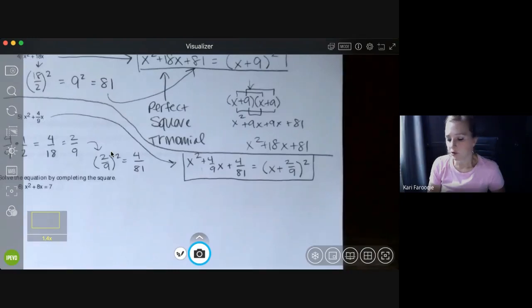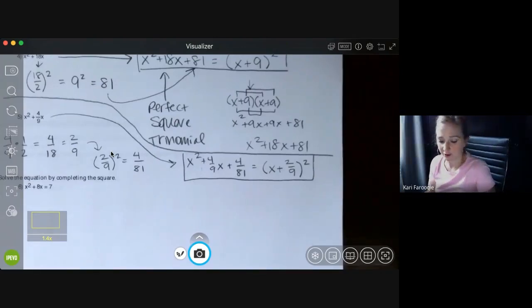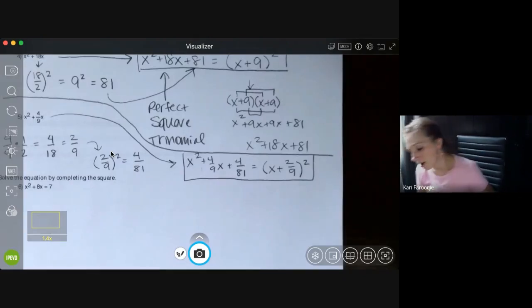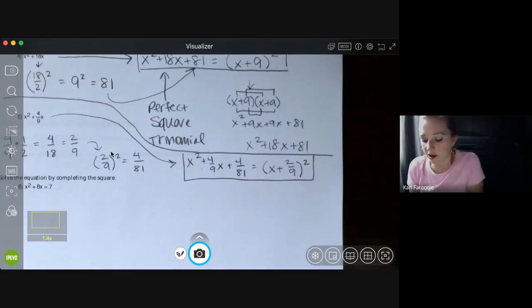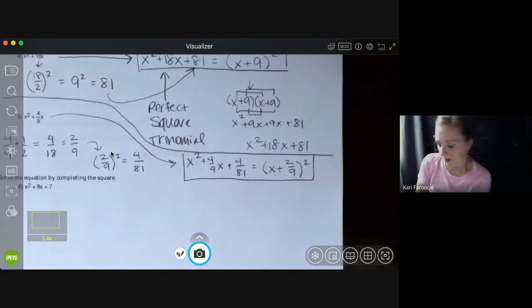All right, so if you're wondering what the heck does this have to do with solving quadratic equations, well, you're about to find out, because we're going to use the method of completing the square to solve quadratic equations. In order to solve quadratic equations by completing the square, we have to do something a little bit different here that you normally wouldn't do for a quadratic equation.